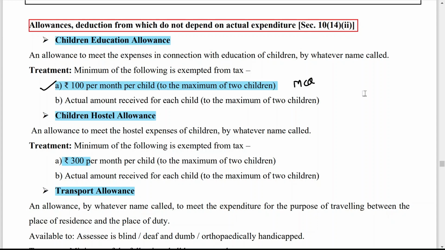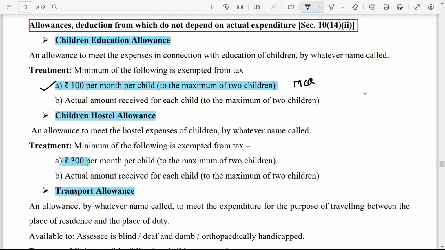So you have to think it through and apply the formula. Don't take 100 as a straight limit. Let us say for the first child he has received 80 rupees, and for the second child he has received 120 rupees.